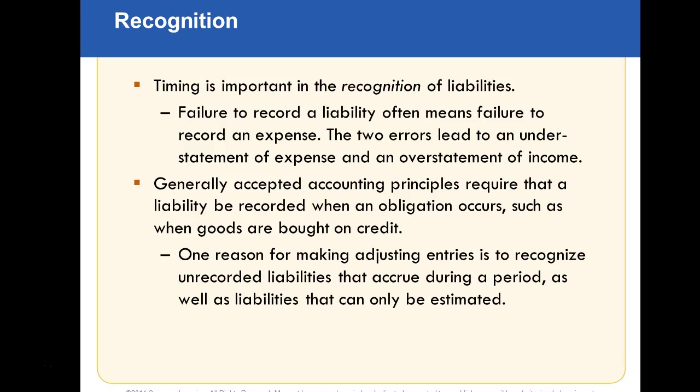One reason for making adjusting entries is to recognize unrecorded liabilities that accrue during a period, as well as liabilities that can only be estimated. I know right now it sounds crazy that we have to estimate liabilities, but you'll see many times there are a lot of estimates that happen in accounting.